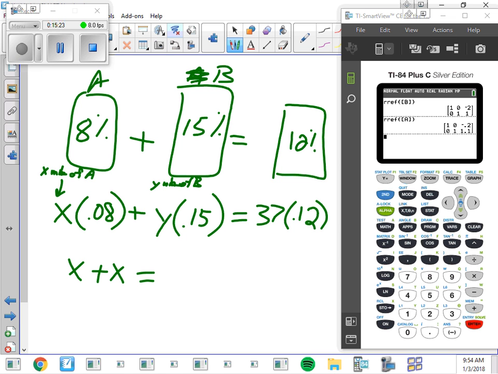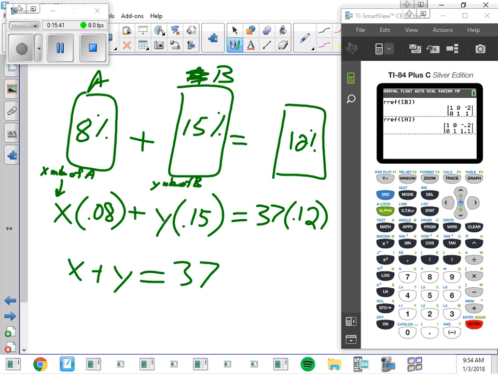But the number of, geez, look at that. No wonder you're confused. So the number of X plus the number of Y has to equal 37.